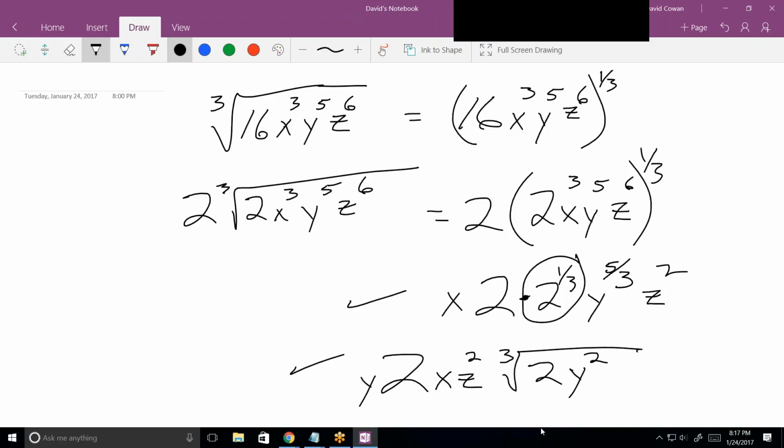In other words, we have the cube root of y squared, which is the same as y to the 2/3. So I took my y to the 5/3 and split it up into y times y to the 2/3. The y came out over there, and the y to the 2/3 was left under the radical sign. And then all of the z's came out as a z squared.